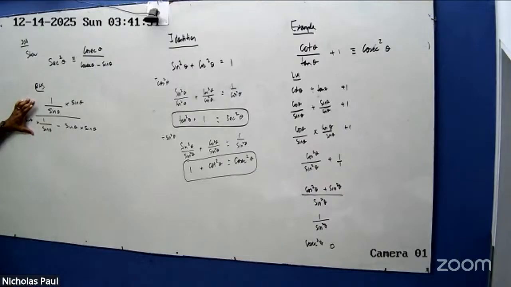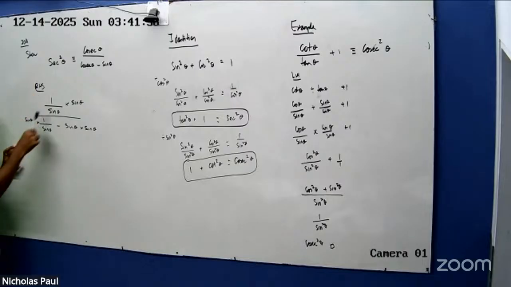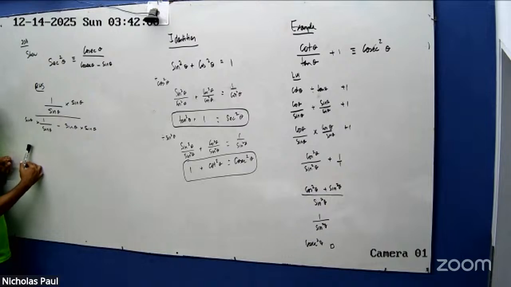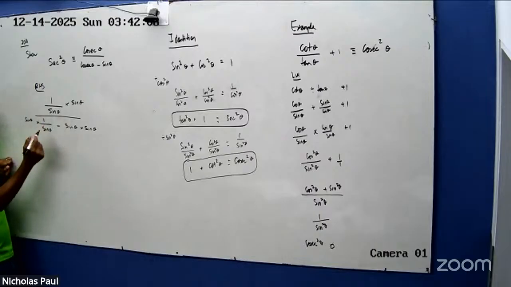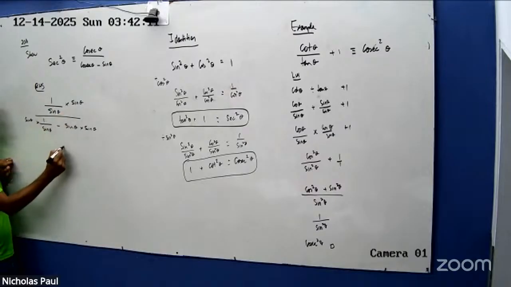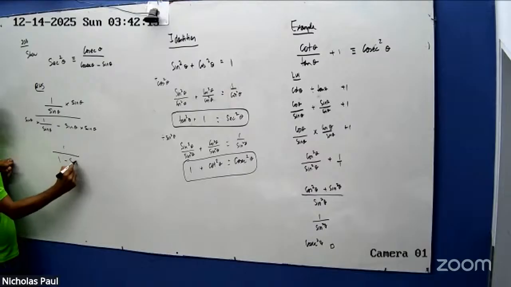I'm trying to simplify it because you have fractions within fractions, so I'm trying to make it look a little bit easier. If you multiply every single term in a fraction by the same value, it doesn't change it, and hopefully it makes it easier. The sine will cancel here, and will cancel here, and you will get sine squared here.